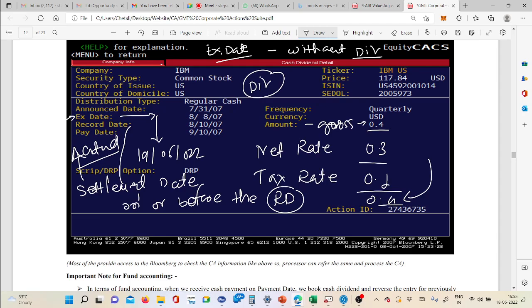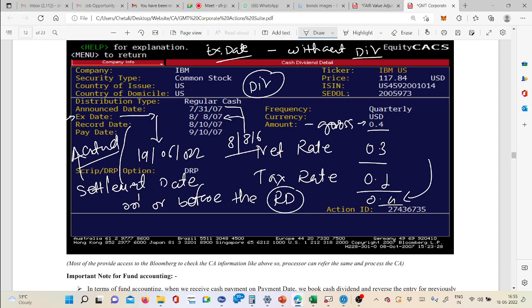Simple. But before the ex date, that is the come due period. From the announcement date till the ex date, meaning before the ex date, this duration we call come due.